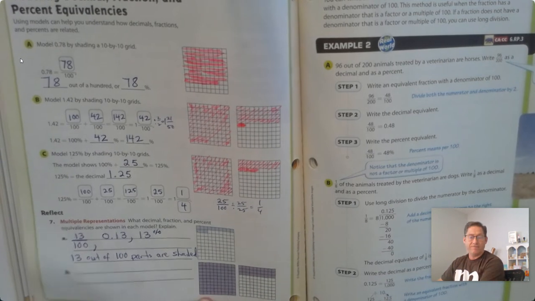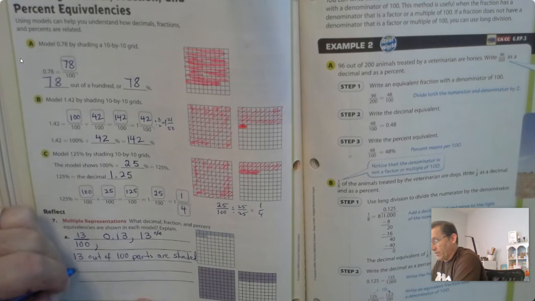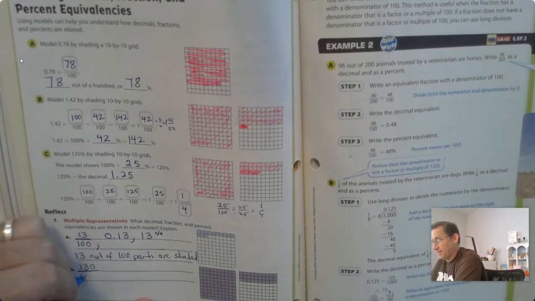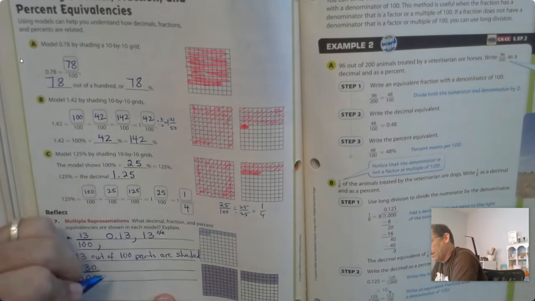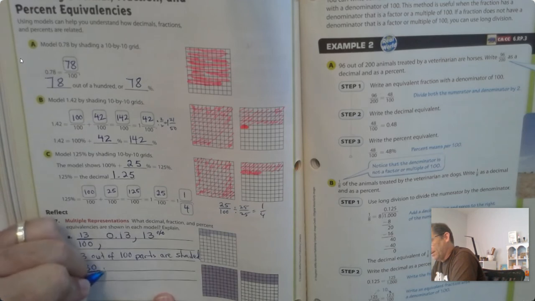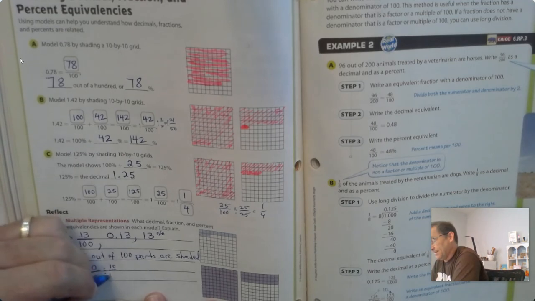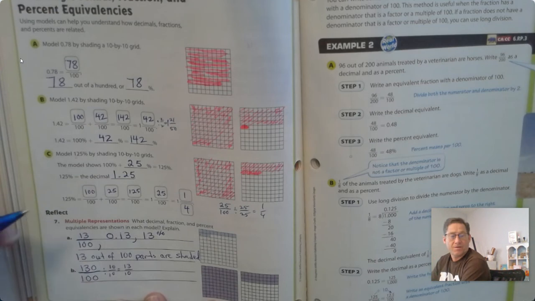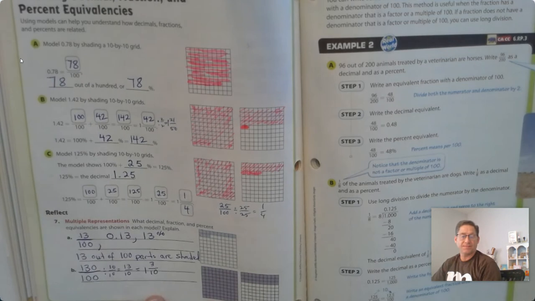And part B, we have 100 here, and we have 10, 20, 30. So we have 130 squares shaded out of 100 per rectangle. So that's our fraction. If I reduce that, I can divide by a factor of 10, and that would give me 13 tenths, which is the same as 1 and 3 tenths.